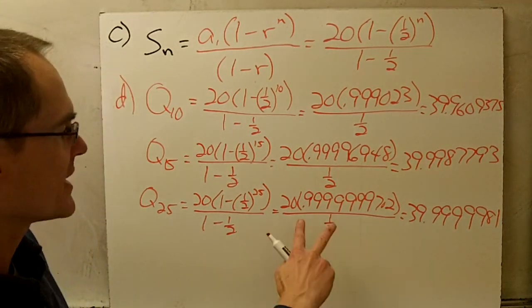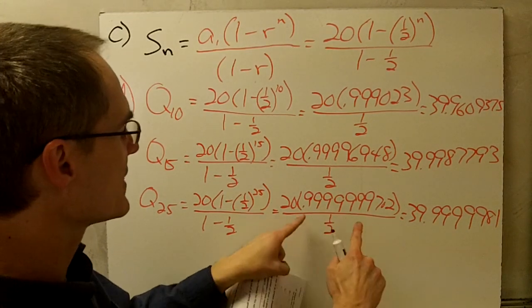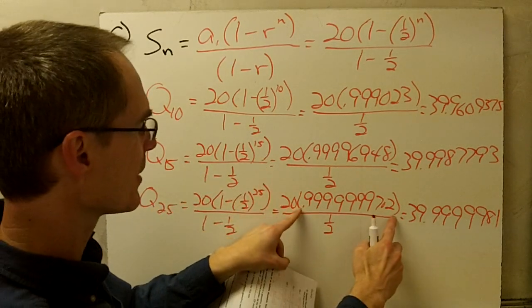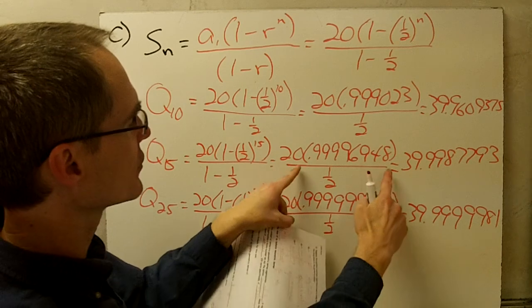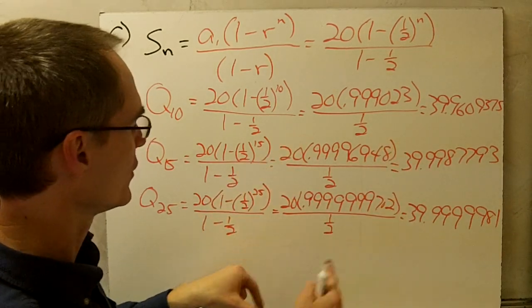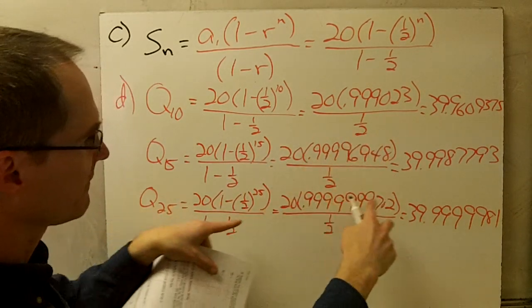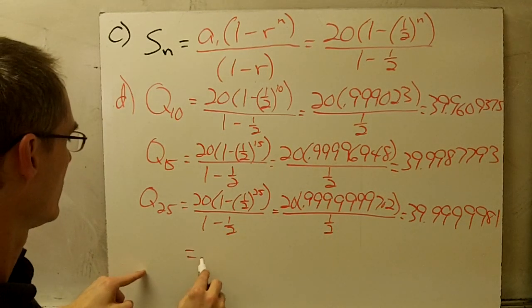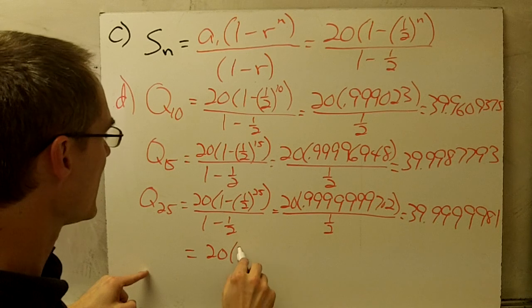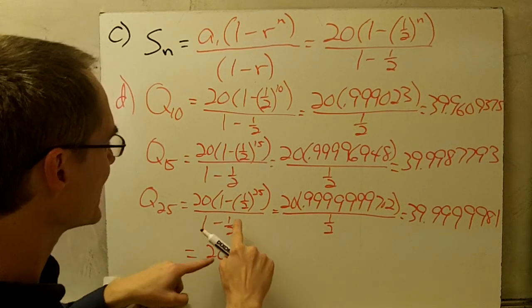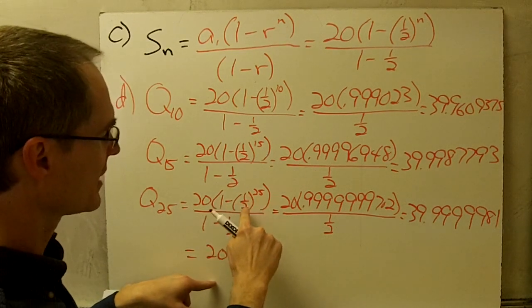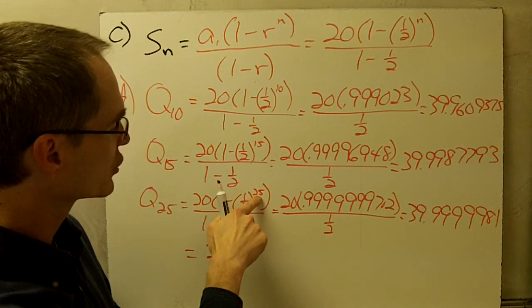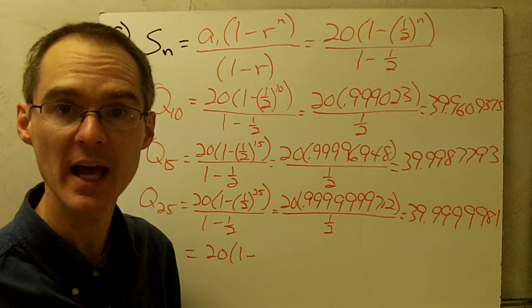Well, it's not too hard to see why that is, because notice that this number we evaluate in the parentheses keeps getting closer and closer to the number 1, which means that this whole formula looks like it's becoming closer and closer to 20 times 1 minus, this number here just keeps getting really, really small, and it's not hard to see why. 1/2 to the power of 25 just means 1/2 times 1/2 times 1/2.